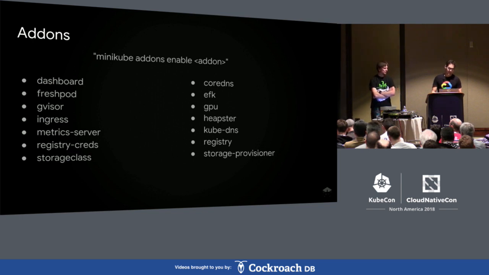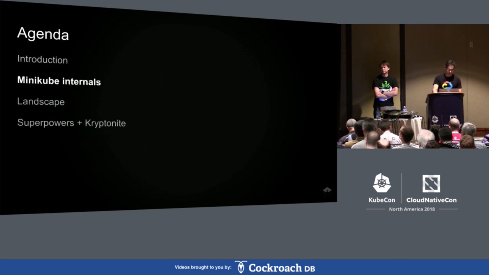So we recently added gVisor support into Minikube as an add-on. You can run a registry, add GPU support on Linux for a pass-through GPU, so you can run machine learning workloads, and so on and so forth.